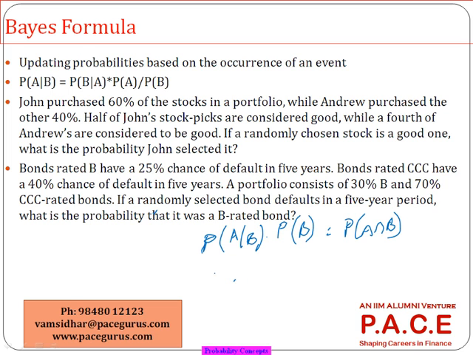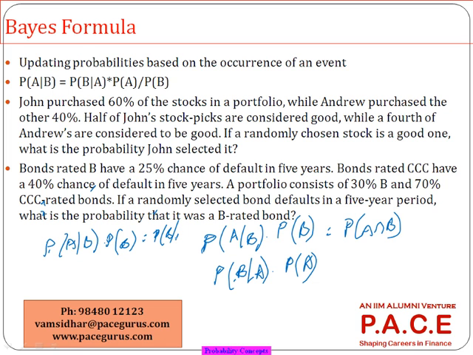And probably the same thing I can write as P of B given A into P of A, which also is equal to P of A intersection B. Now if I equate these two terms, P of A given B into P of B is equal to P of B given A into P of A.